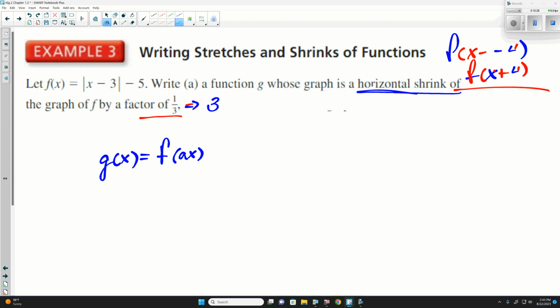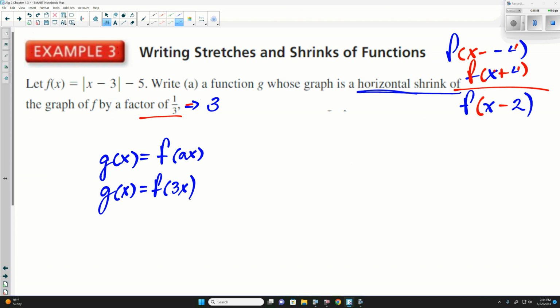If it had been +2, then we moved to the right, it would have been -2. We have that switch of signs. The change for this does not happen just in the function itself, so we're taking care of that first. Which means A is not 1/3, but A is 3.